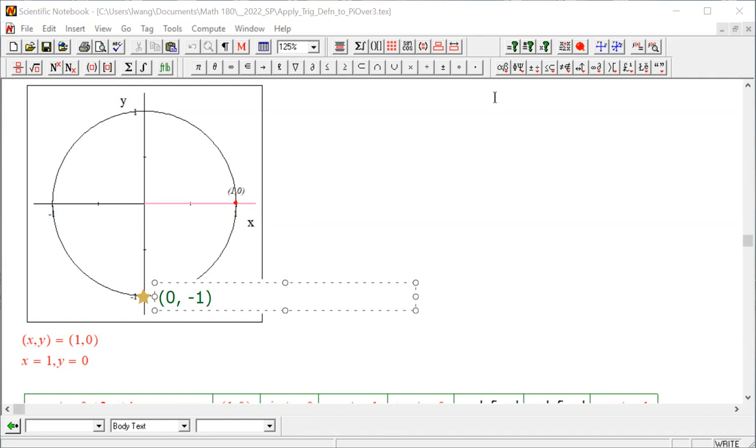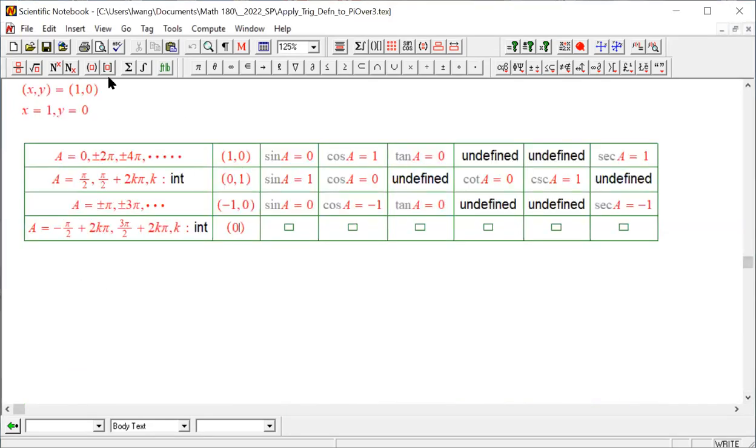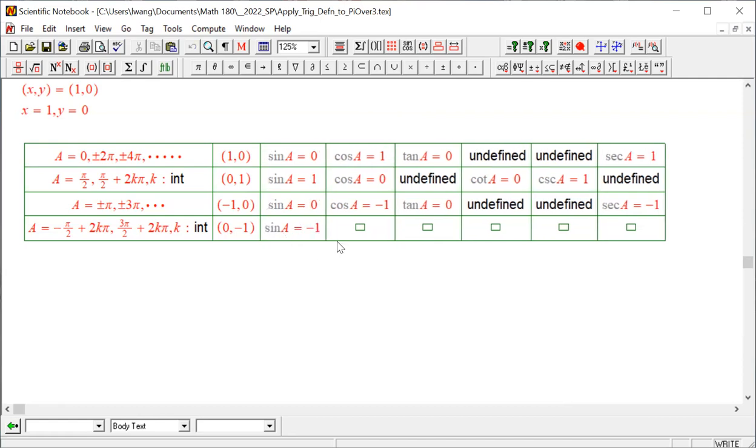With that said and done, I'm going to put that point in the table. So 0, -1. Now by definition, we can do sine of A equals y, which is -1.